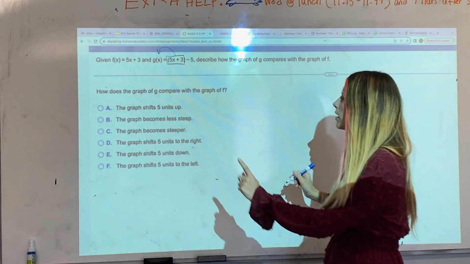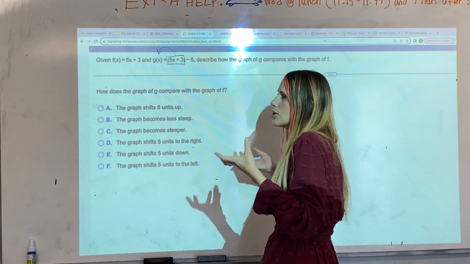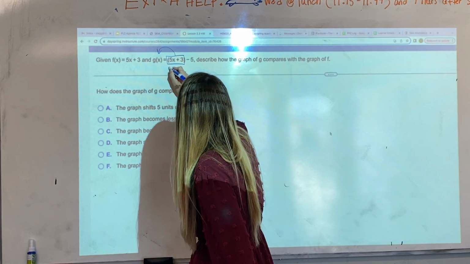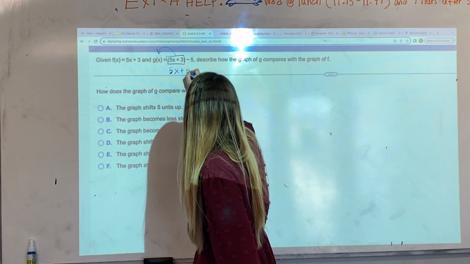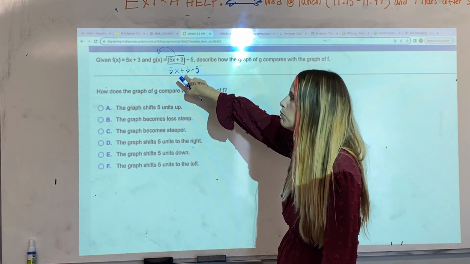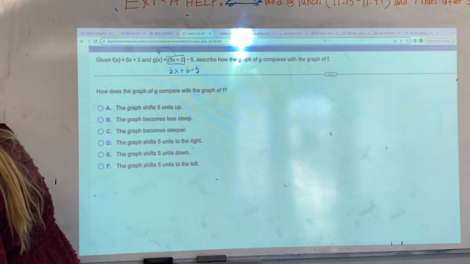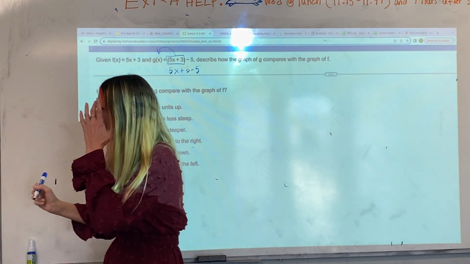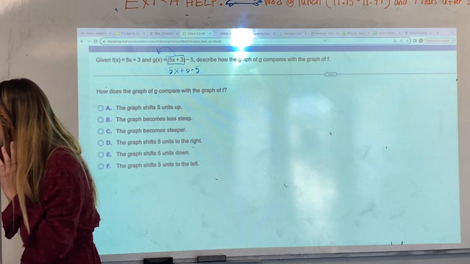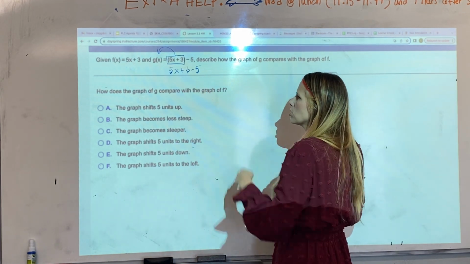So, for this one, subtracting from the output is really just changing the y-intercept, right? It's really just saying, well, this is 5x plus 3 minus 5. So it's taking your y-intercept of 3 and moving it down 5 units, right? So if the y-intercept is positive 3 over here, it's moving it down 1, 2, 3, 4, 5 units. So how can we describe that? We are subtracting it from the output, which changes the y-intercept.